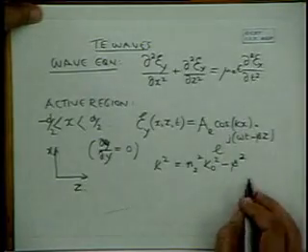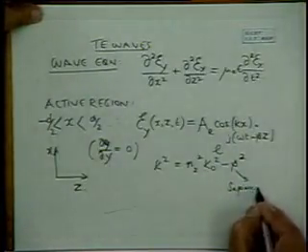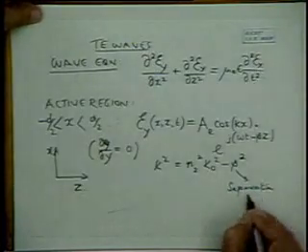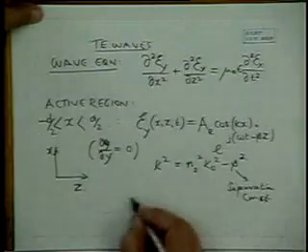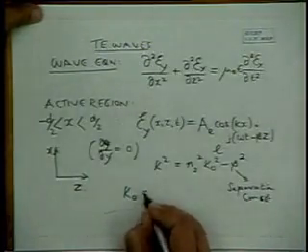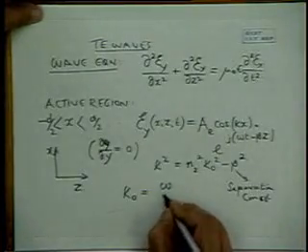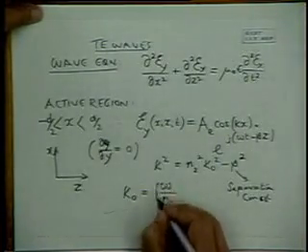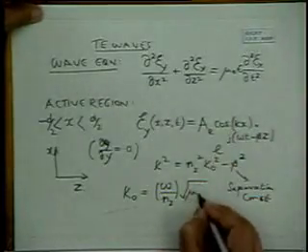Beta is a separation constant, and what is k0? K0 is obviously related to the properties, omega over c, that is omega into root of mu 0 epsilon.